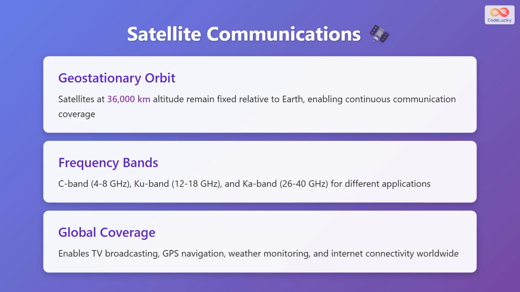Different frequency bands are used for various purposes. C-band operates between 4 and 8 GHz, Ku-band between 12 and 18 GHz, and Ka-band between 26 and 40 GHz. Satellites enable television broadcasting, GPS navigation, weather monitoring, and internet connectivity across the globe, even in remote areas where cables cannot reach.